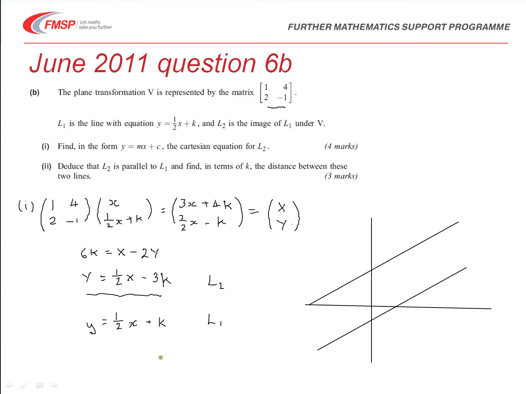And so we can see there that they both have the same gradient. So in part 2 of this question, you could start off by saying that L1 and L2 have a gradient equal to a half, which implies that they're parallel.